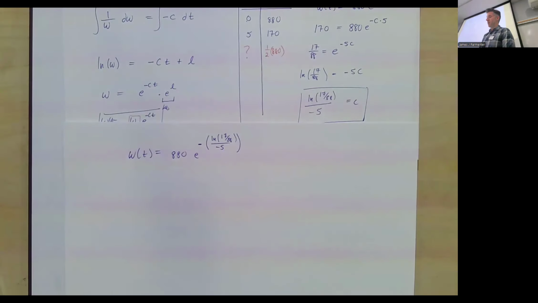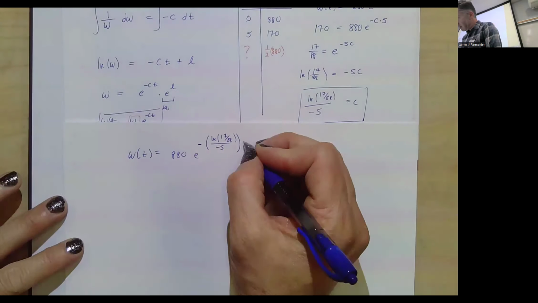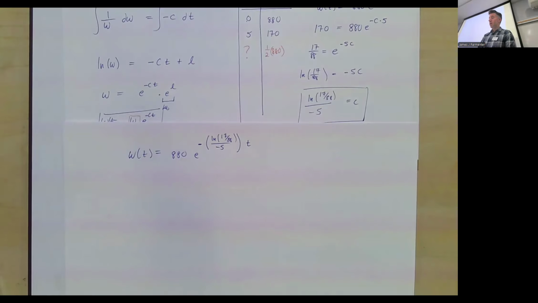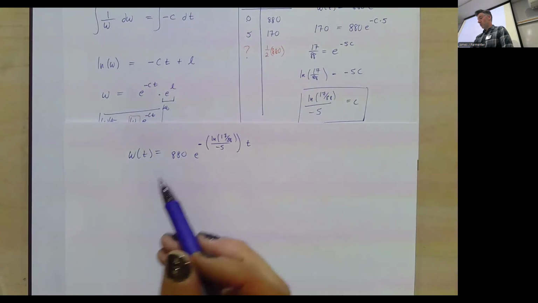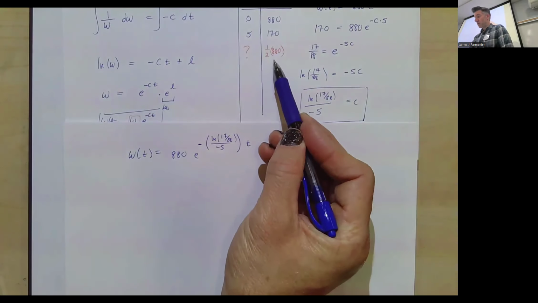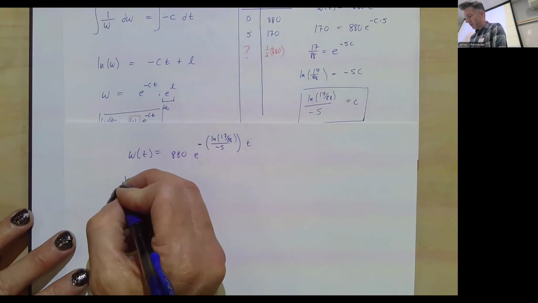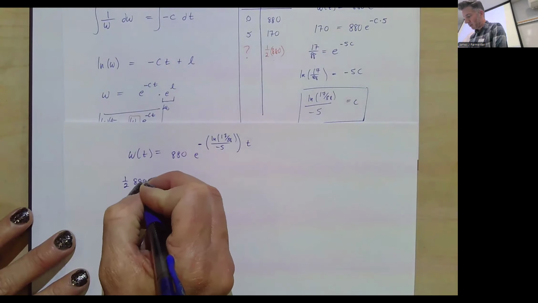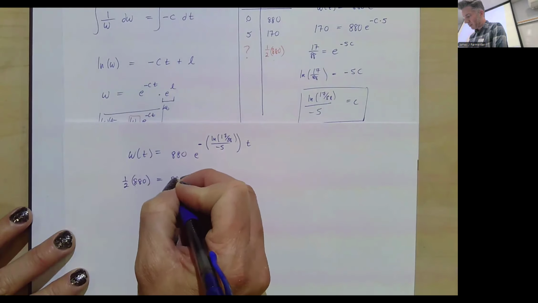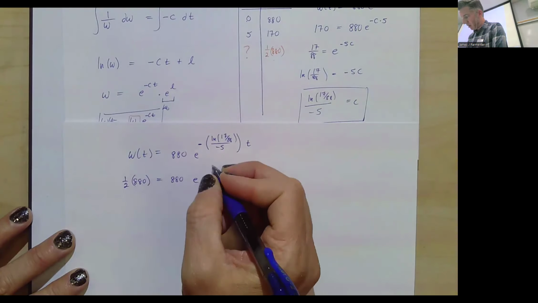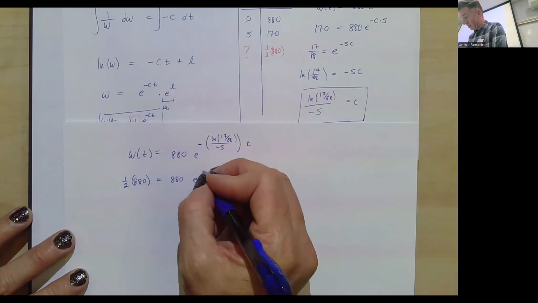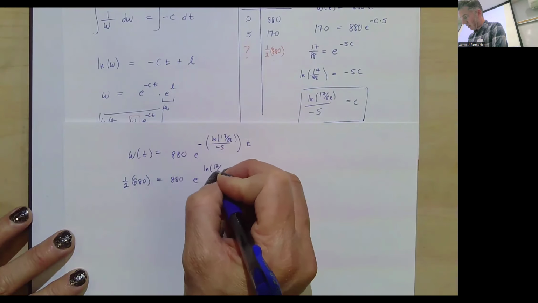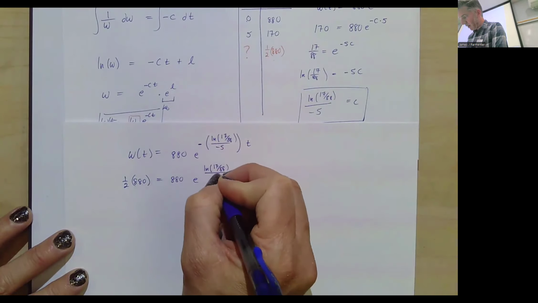Seems real dumb to write negative 5 there. Times t. Then I'm going to plug in that for W and solve for t. But look, plugging in that for W makes it really, really easy to compute this first step, where I divide both sides by 880. I'm going to make this a positive. Natural log of 17 over 88 over 5 times t.